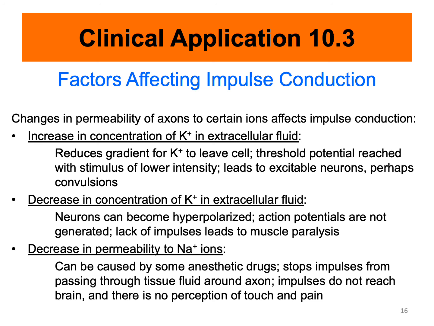Action potentials are not generated. The lack of impulses leads to muscle paralysis. And if there is a decrease in the permeability of the sodium ions, we use this reason for the anesthetic drugs. It stops the impulses from passing through tissue fluid around the axon. Impulses do not reach the brain, and there is no perception of touch or pain.